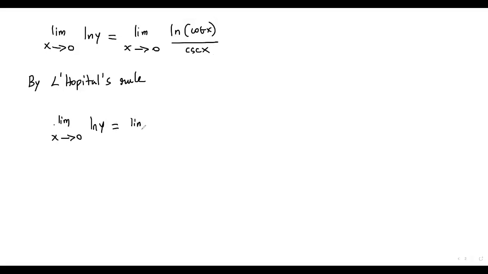Let me write the given limit as it is, limit x tends to 0. When I find the derivative of natural logarithm of cotangent x, it will be 1 over cotangent x. And by chain rule, the derivative of cotangent x is negative cosecant square x, over the derivative of cosecant x, which is negative cosecant x times cotangent x.